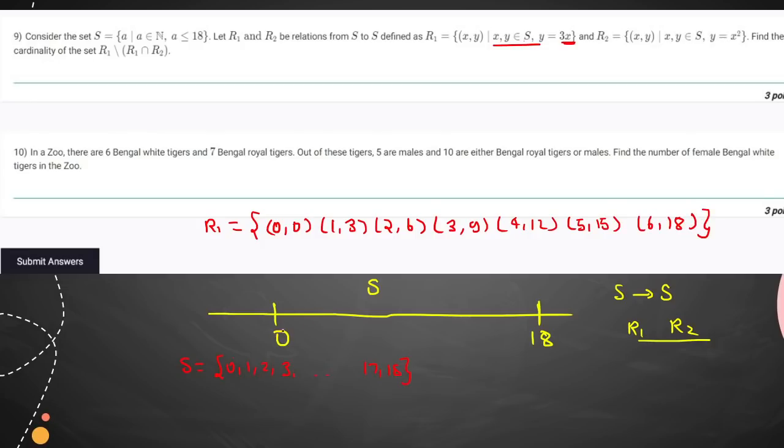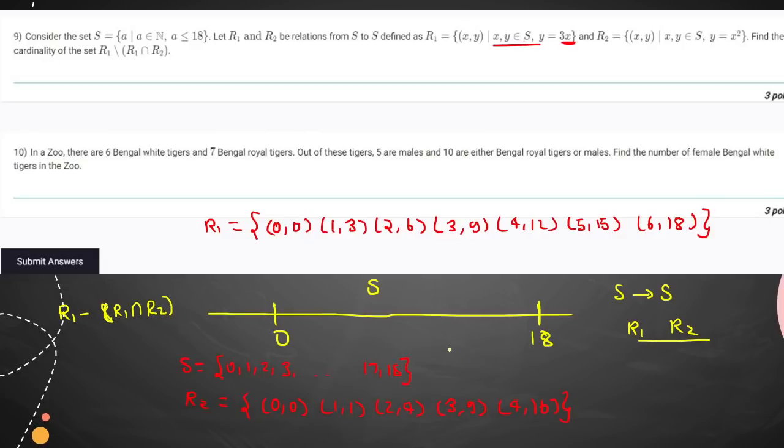So R1 will be this, and R2 is such that y equals x square. So 0 comma 0, 1 comma 1, 2 comma 4, 3 comma 9 and 4 comma 16. R2 will contain these elements. Now we have to find the cardinality of R1 minus R1 intersection R2.